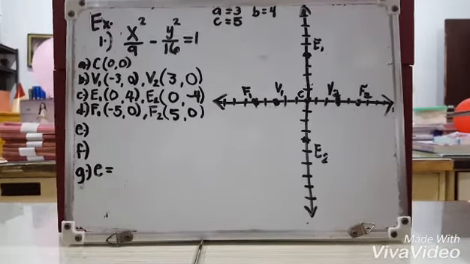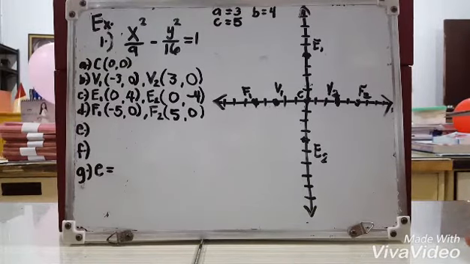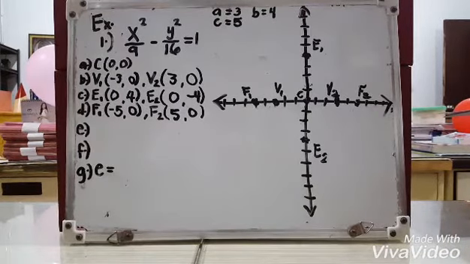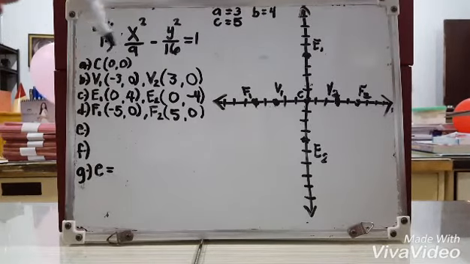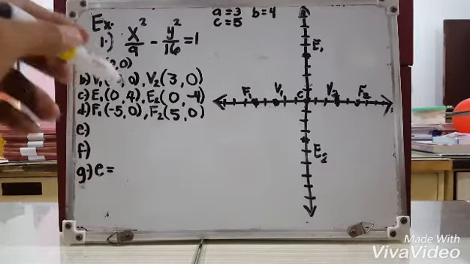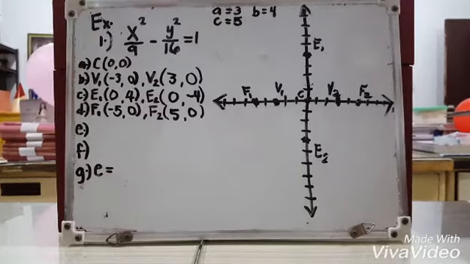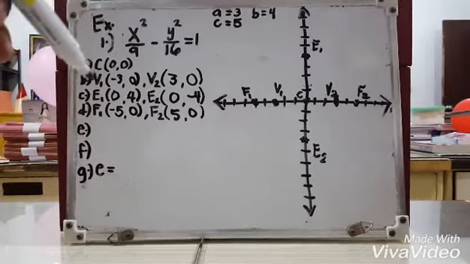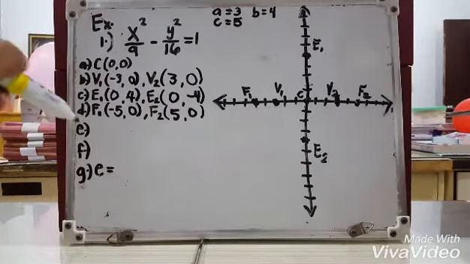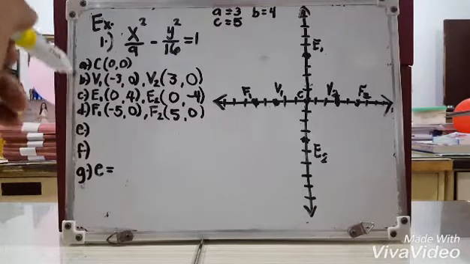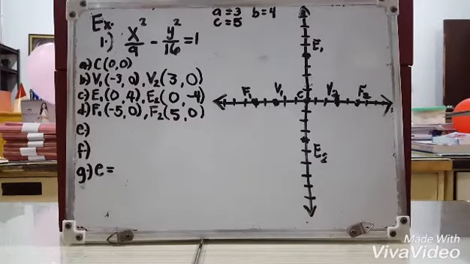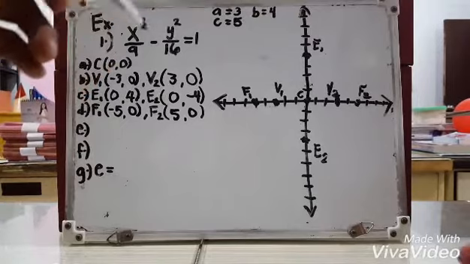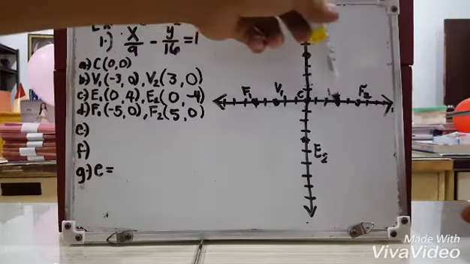For letter E, just like the ellipse class, we have the equation of the major axis. Since we don't have a major axis here, our major axis is called the transverse axis. The transverse axis again is the line segment which passes through the vertices, the line segment connecting the vertices.